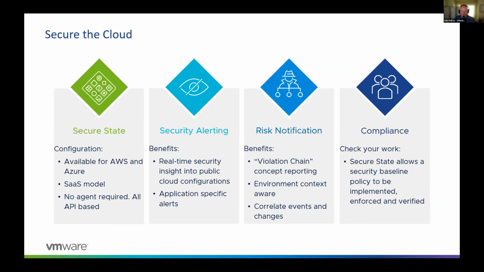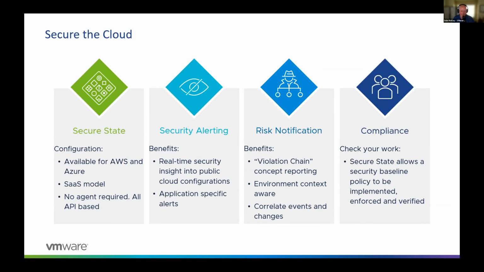And it's that violation chain that allows us to get really deep insight into how the public cloud is secured. And again, because of that deep understanding of accounts, permissions, and access, it allows us to be very context aware, and it allows us to correlate some of these events and changes.